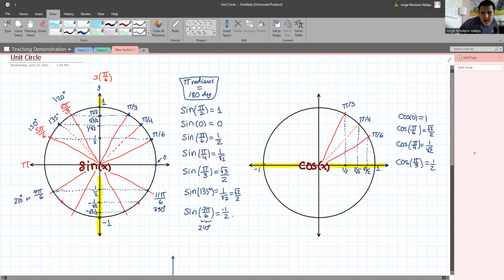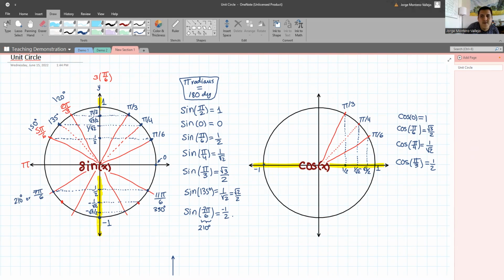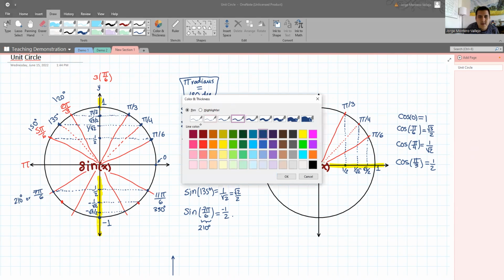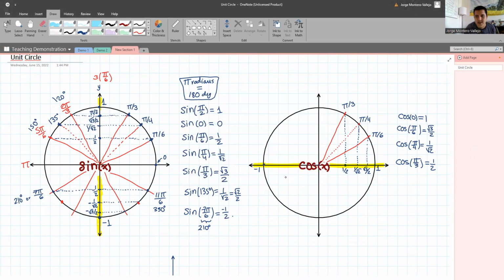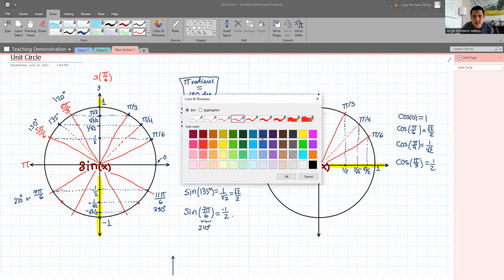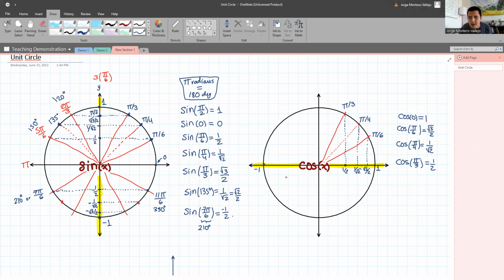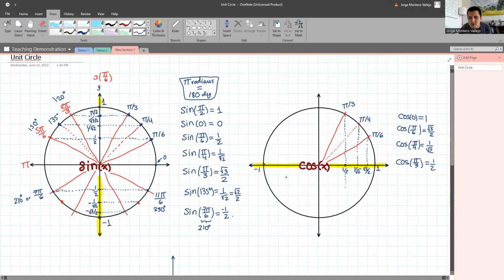Right? And that is it pretty much, because for the rest of the angles, we just need to, again, just identify where they land on the x-axis, right? So let me do this in a faster way. You see this 1/2 over here also corresponds to this angle here. This 1 over square root of 2 corresponds to this angle here.